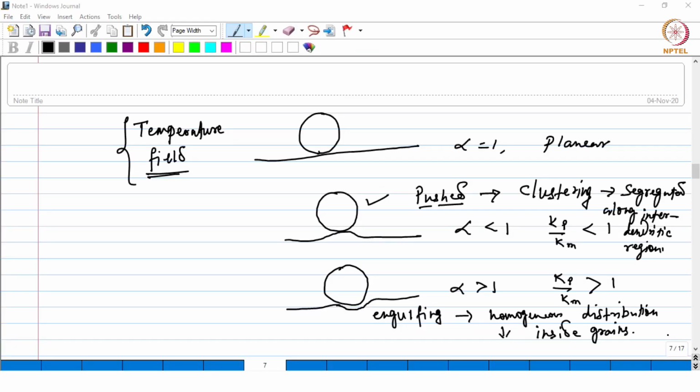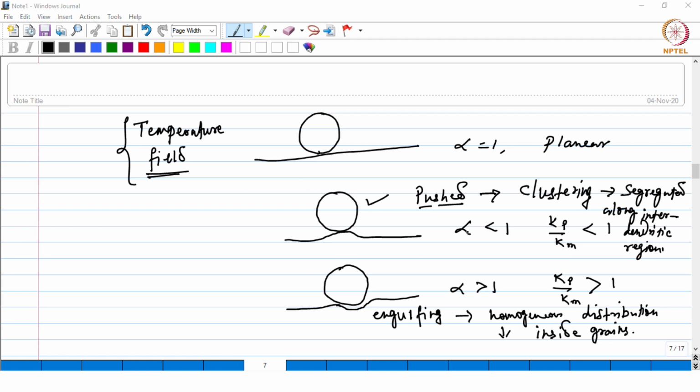In the previous lecture, we were talking about the conditions that can lead to either particle pushing or engulfment. So, the thermal conductivity ratio decides whether the interface will have a planar geometry like this, or it will deviate from a planar interface and take up a shape either like this, a convex kind of shape, or concave.